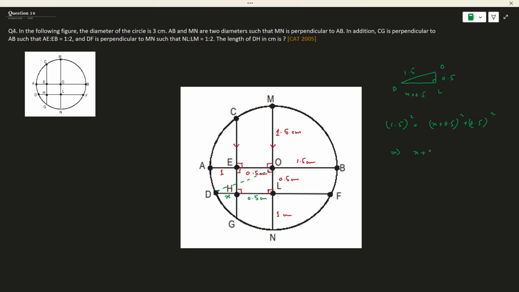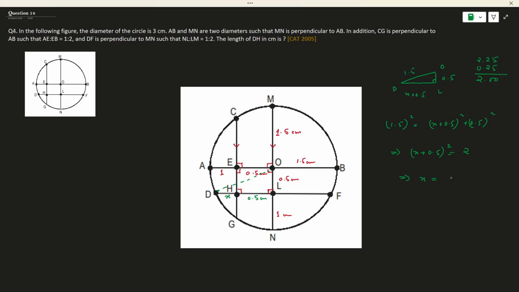From here I can say (X plus 0.5) whole square is equal to 1.5 square, which is 2.25, minus 0.5 square, which is 0.25, so this will give me 2. So what is X?